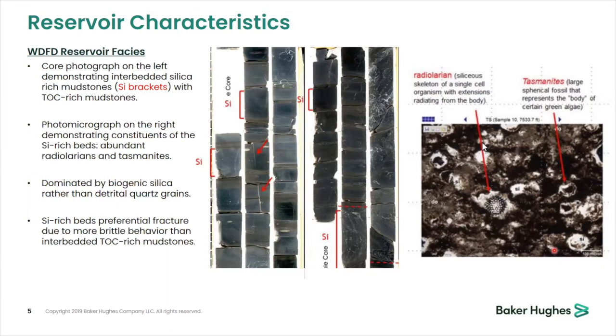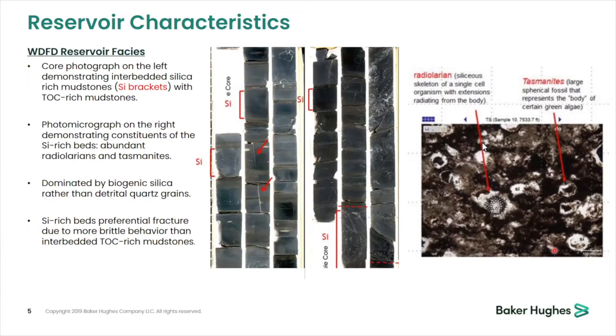So I'm not sure where I dropped off, but we have these radiolarians and algae that are really silica-rich. These intervals are dominated by biogenic silica rather than detrital quartz, which can be tricky when interpreting XRD results across different areas where the Woodford's targeted.